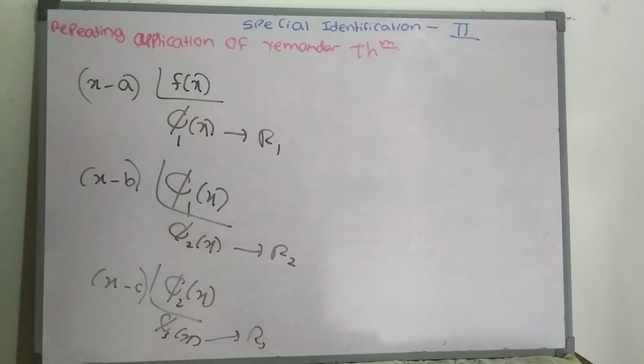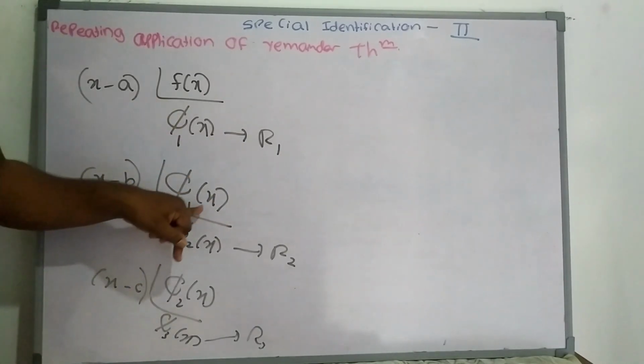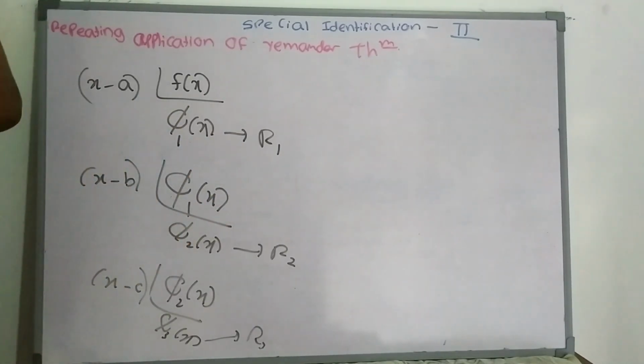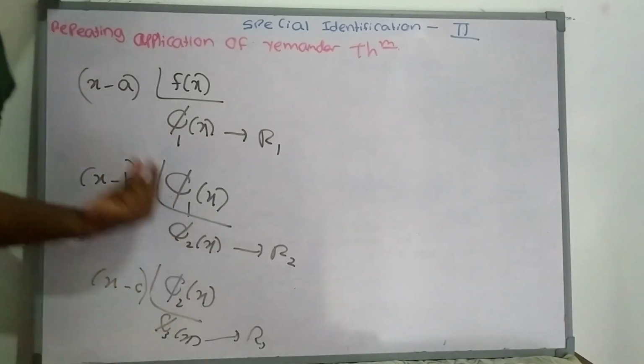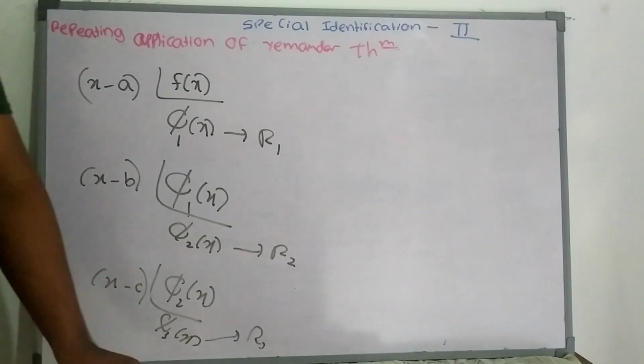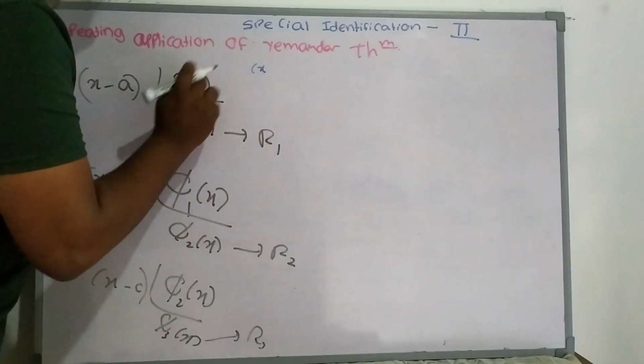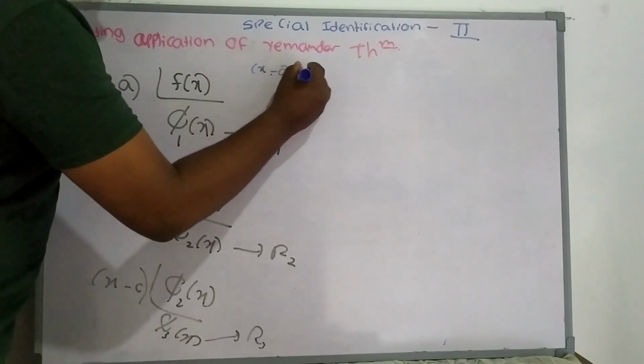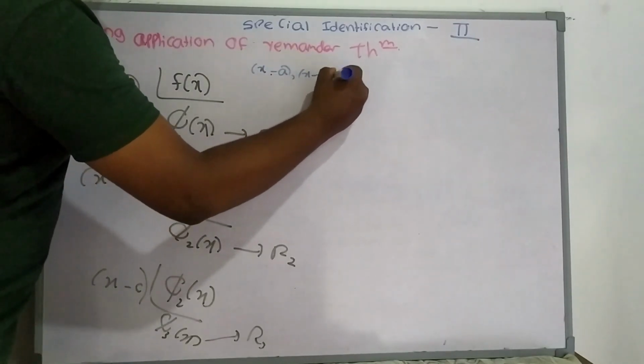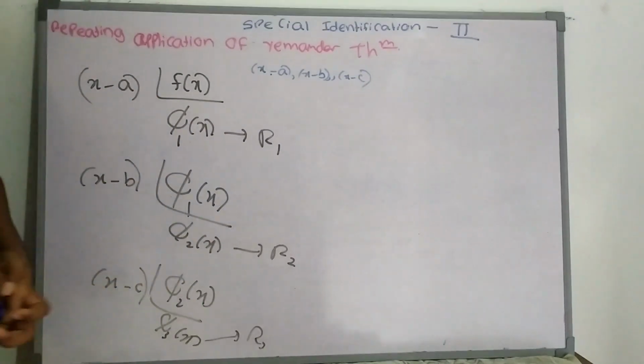So what we did, we take the function and divide by x minus a, and the quotient is psi 1(x) and r1 remainder. Psi 1(x) is divided by x minus b, and we get quotient psi 2(x). And again I put psi 2(x) and divide by x minus c. Then the function of x is divided by x minus a, x minus b, x minus c in a repeating way.